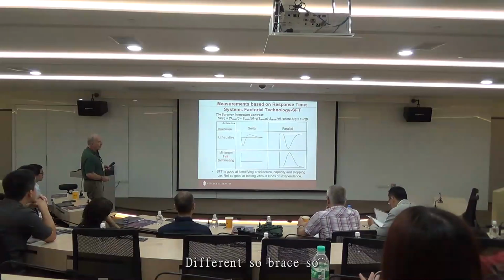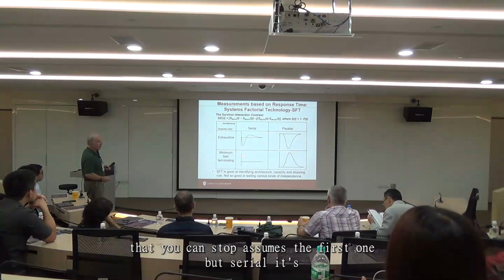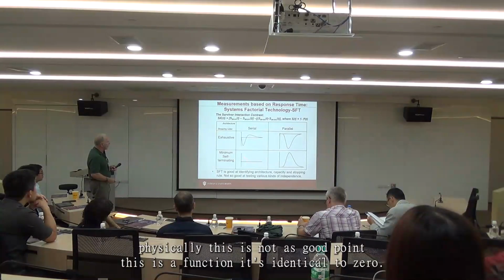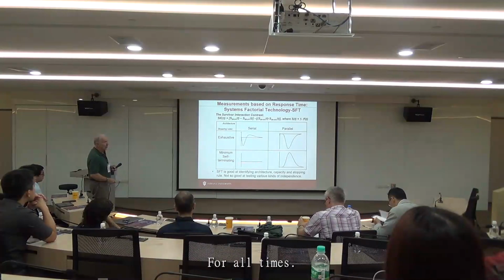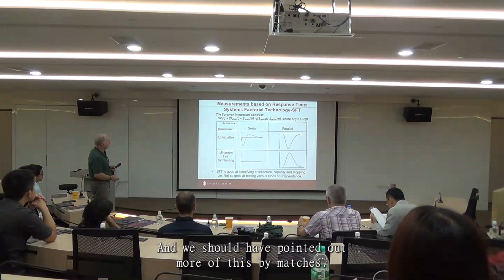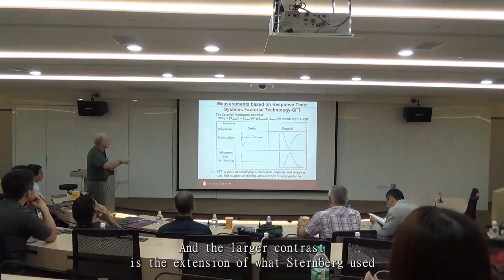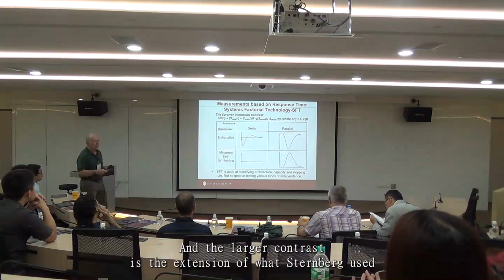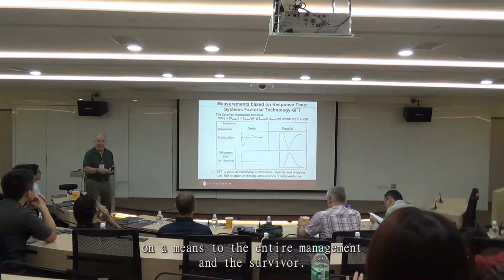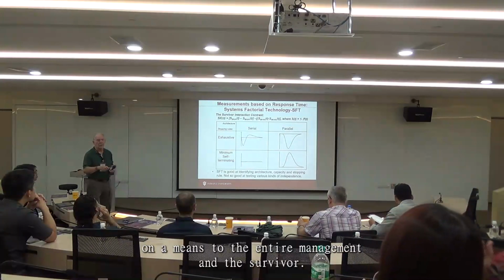If it's a race of some kind, that is, you can stop as soon as the first one's done, if it's serial, it's identically, this is not just a point, this is a function. It's identically zero for all times. And we should have pointed out more that this is the time axis here. And this is the so-called survivor interaction contrast. It's the extension of what Sternberg used on the means to the entire distribution.